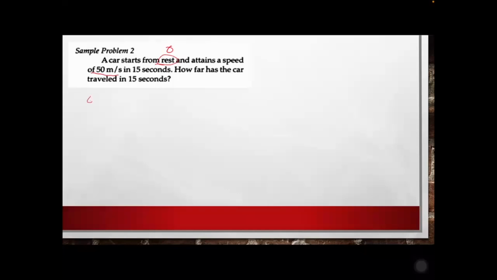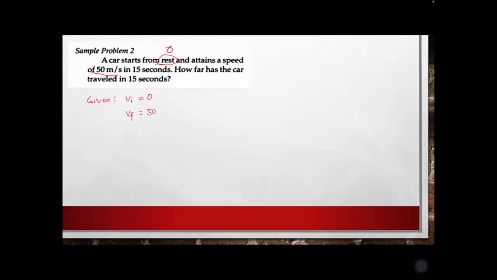So, the given that we will have is we have the initial velocity. Pag sinabi na initial velocity, yung start. Initial is equal to 0. And the final velocity or V sub F, yung from 0 tapos tumigil siya, hanggang natin niya yung speed na 50 hanggang sa tumigil siya.